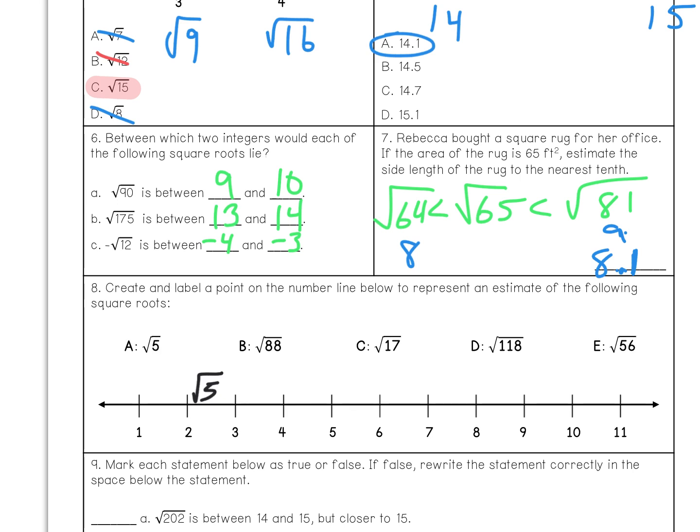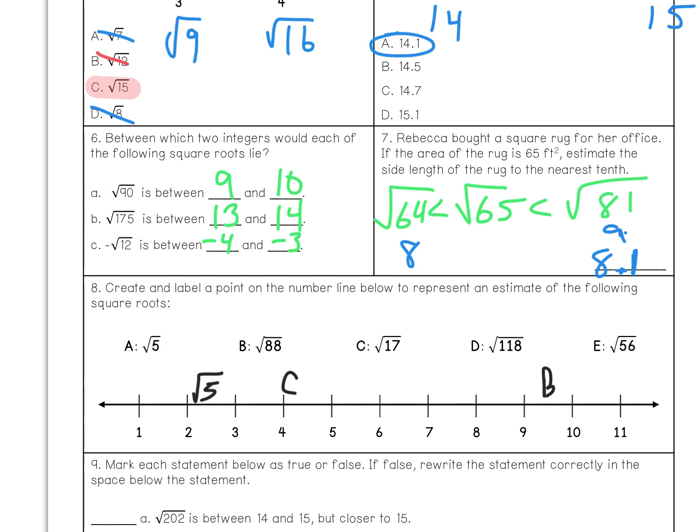In the middle of 9 and 10. Okay, and you don't have to write the value, you can write the letter. Is that closer to 9 or closer to 10? Closer to 9, but just barely. Okay, what about C? Between 4 and 5, closer to which one? 4. Okay, so I'll put it right there next to 4.